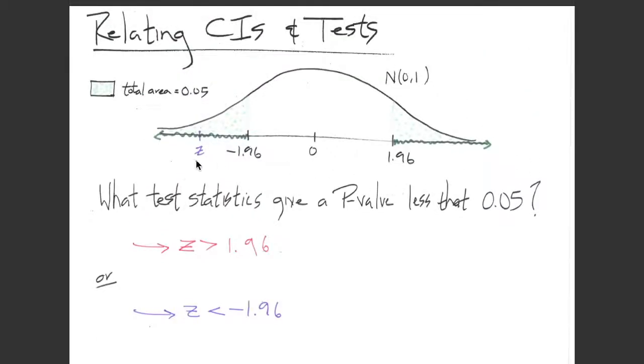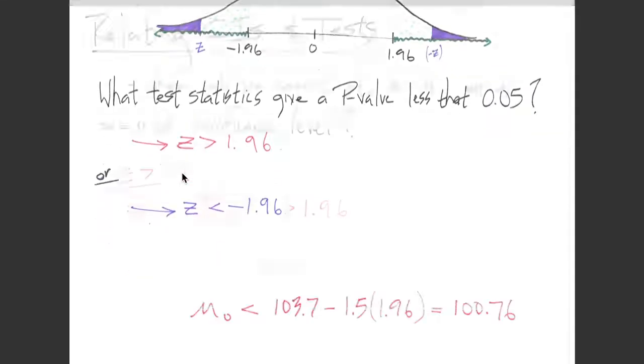And by the same token, a test statistic to the left of negative 1.96 would give us a p-value of less than 5% as well. Again, because for a two-sided test, the p-value is that shaded region in both tails.